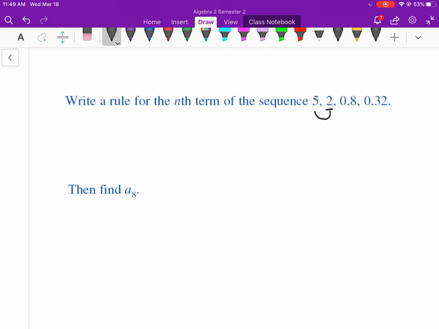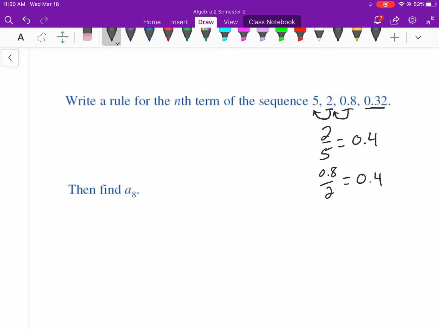What we're going to do is take one term and go to the previous one. We're going to say 2 divided by 5, which is 0.4. And then, again, just checking another one, 0.8 to 2. So 0.8 divided by 2, guess what? It's 0.4. Or 2/5.